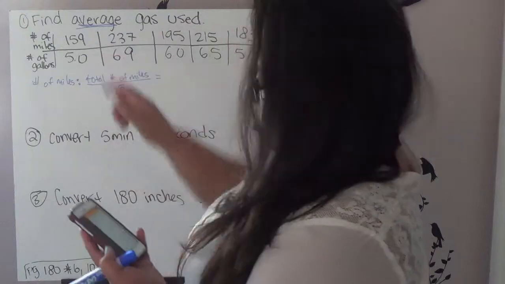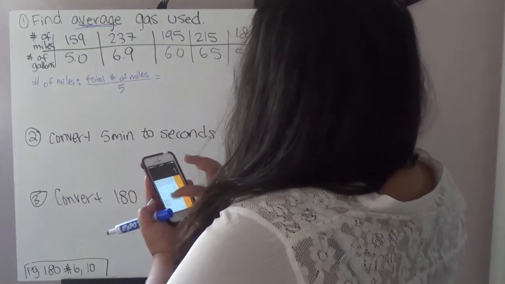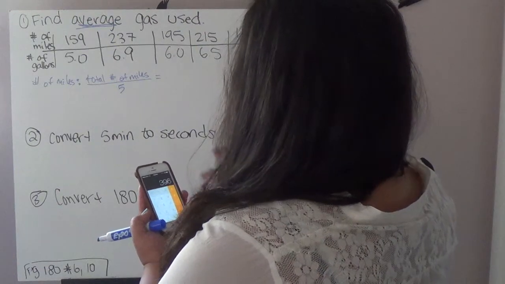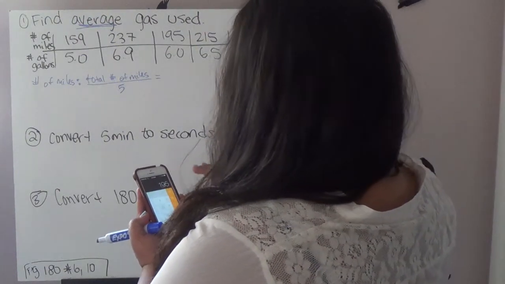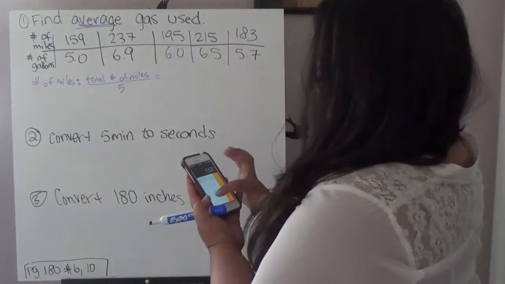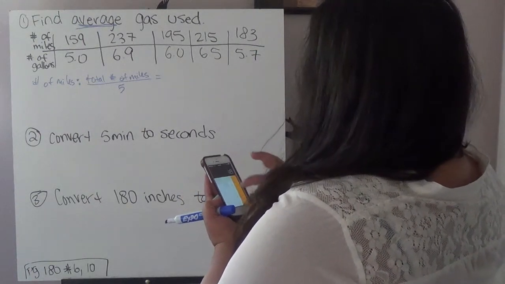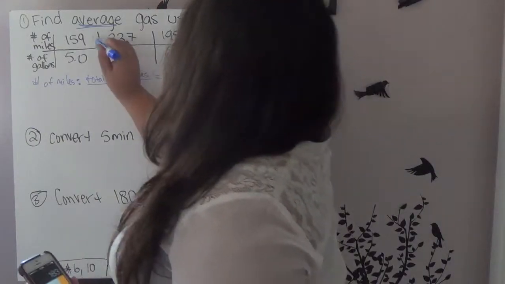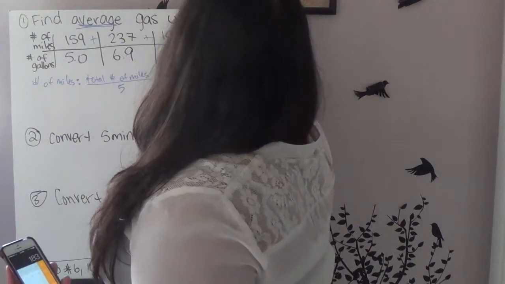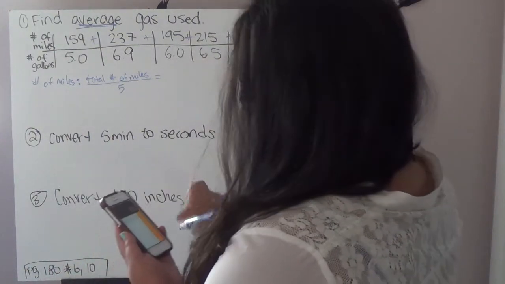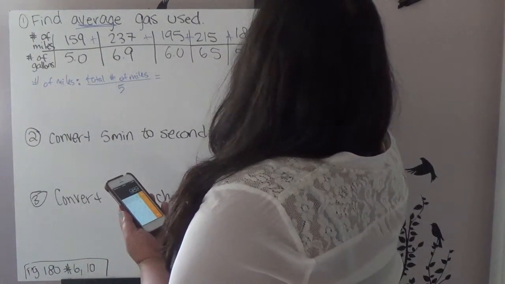So my total number of miles is 159 plus 237 plus 195 plus 215 plus 183. So this plus this plus this plus this, which equals 989.